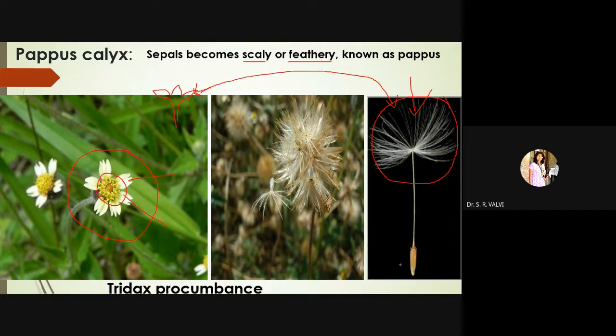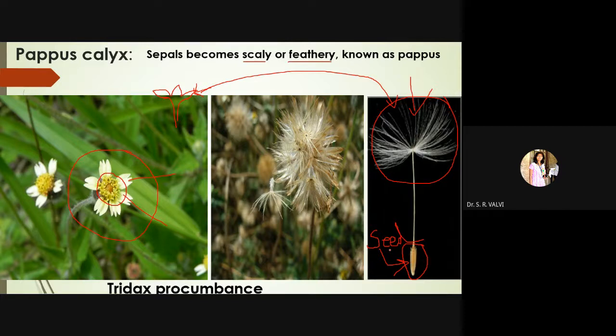And if you look at the extreme right image, this is a seed of that disc floret, and this seed has to be dispersed from one place to another. The reason for the modification of calyx is to disperse the seed.